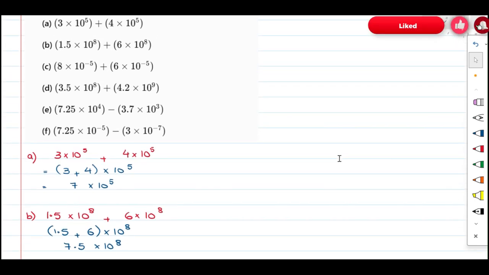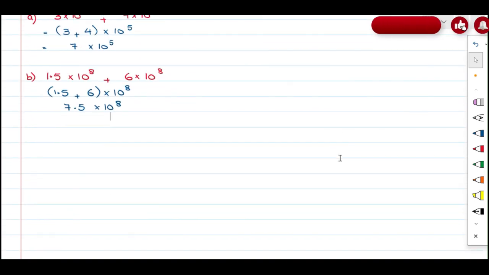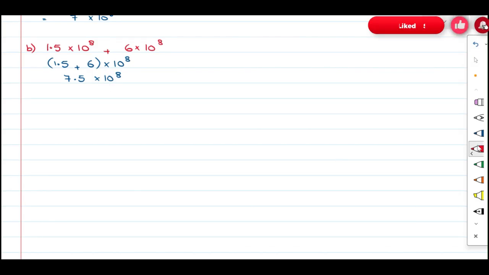Part C: 8 times 10 to the power minus 5 plus 6 times 10 to the power minus 5, and it is addition.